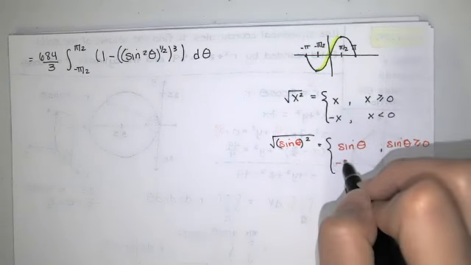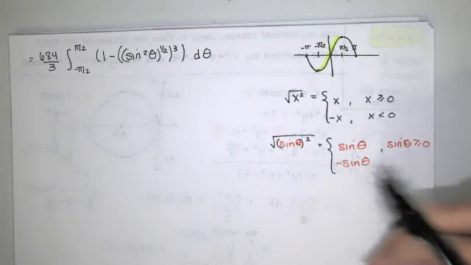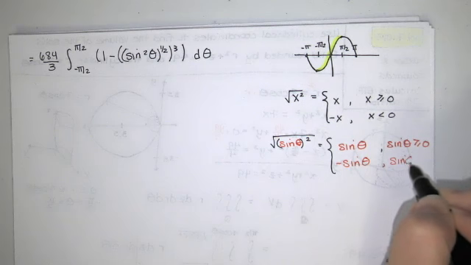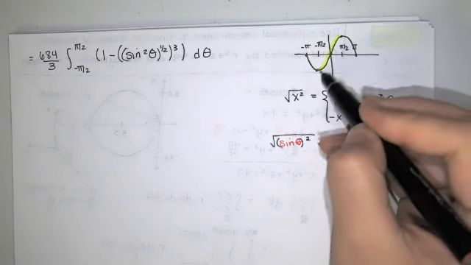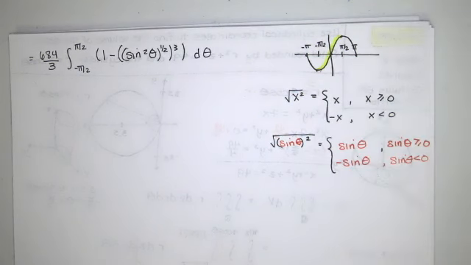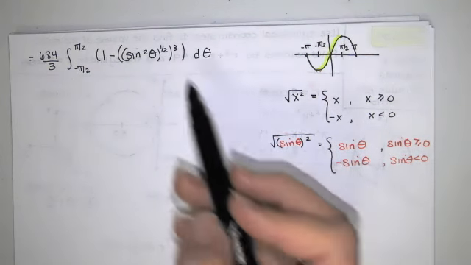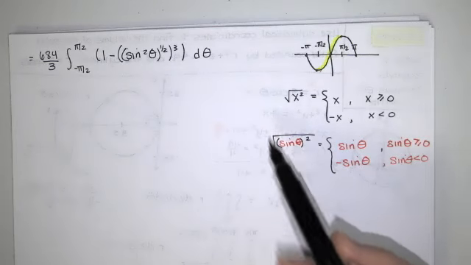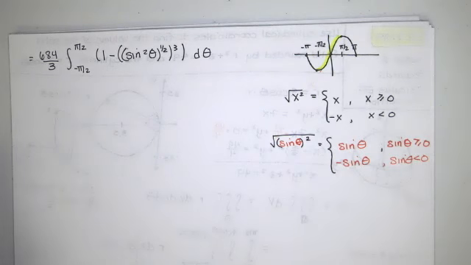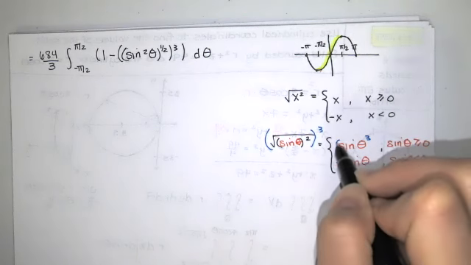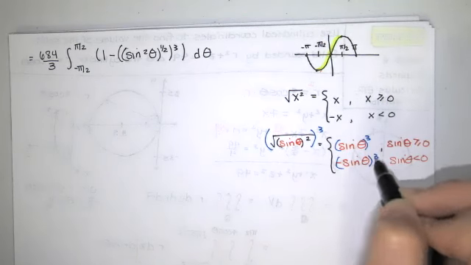And I'll get negative sine of theta, which is a negative times a negative, which makes it positive, on the interval where sine of theta is negative, which is on this interval here. So when we take this expression and we raise it to the third power, we take this, which is this, and then we cube it. That's what we get.